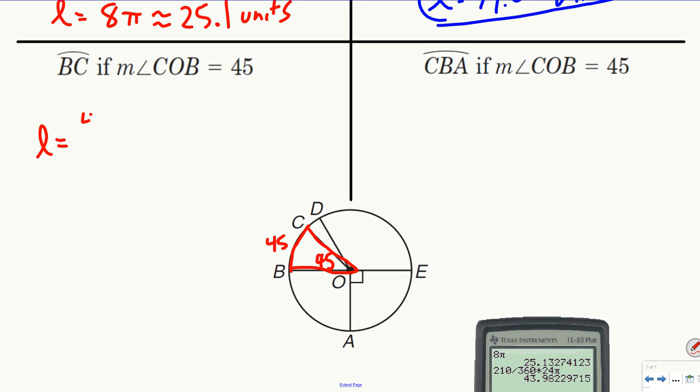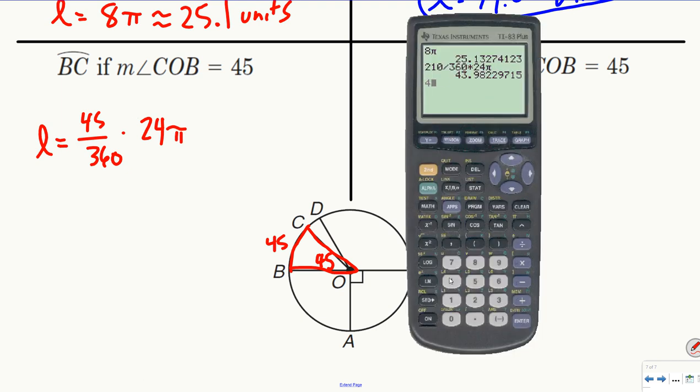So we have 45 over 360, the fraction of the circle, times the circumference, 24 pi. All right, and we have our arc length is 9.4 units.